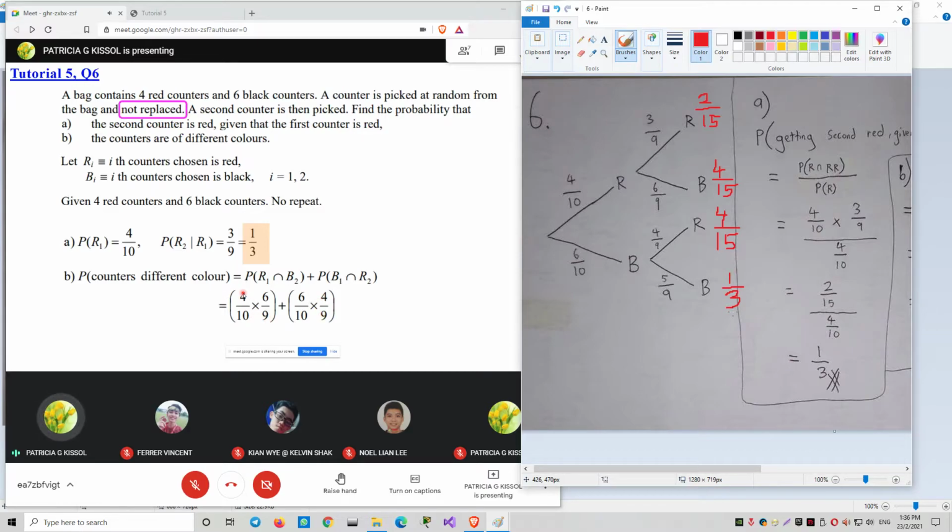And remember, red for this color, black for the next one, so it doesn't affect the number of red and black. It's still 4 and 6, because we want different colored counters for 2 times taking the counters from the bag. Is that clear?